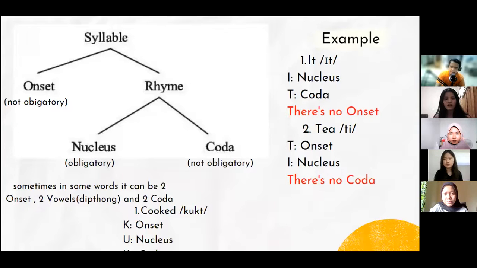So there is no onset in it. And then tea, T-E. The T is the onset, E is the nucleus, so there is no coda. Onset can also be two vowels, we can call it a diphthong, and there can be two codas. For example, cook, K-U-K-T. K is the onset, U is the nucleus, K and T are the coda.